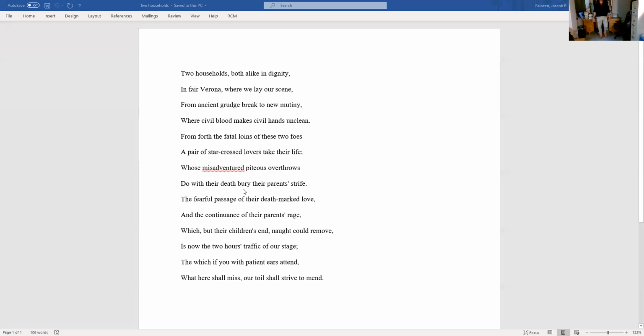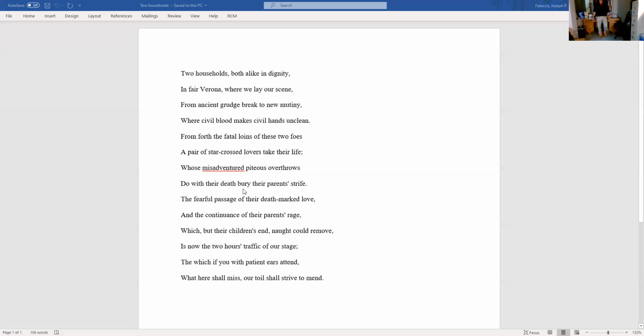From ancient grudge break to new mutiny, where civil blood makes civil hands unclean. From forth the fatal loins of these two foes, a pair of star-crossed lovers take their life, whose misadventured piteous overthrows doth with their death bury their parents' strife.